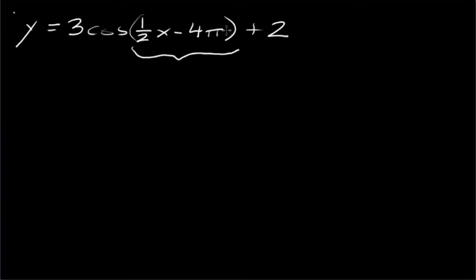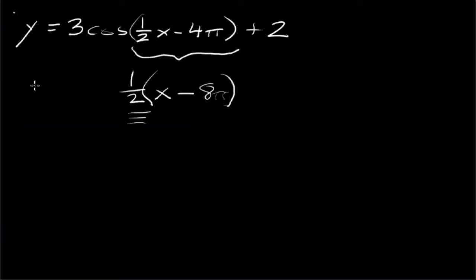So you have to pull that 1/2 out. The very first step that you have to do is pull out a half. And 1/2 times what would give you 4 pi? So 8 pi. The first thing I have to do is pull this number in front of x out. Otherwise, I'm going to have an inaccurate phase shift, because this number right here needs to be outside the parentheses before I start working with it.